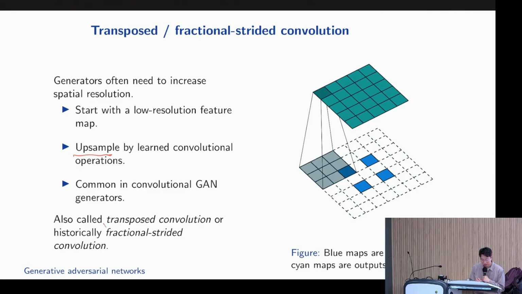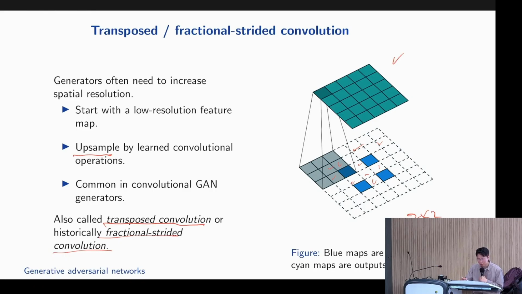This is called transposed convolution or fractionally strided convolution. Blue maps are inputs. Let's say you have a 2x2 image. You create spacings apart from each other. You first upsample the input, and this is going to be your output.